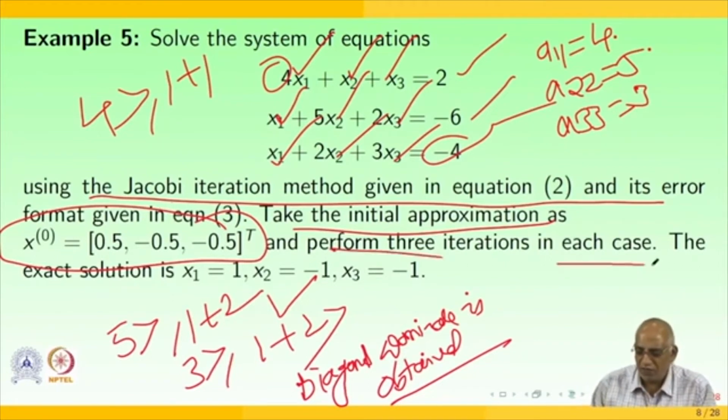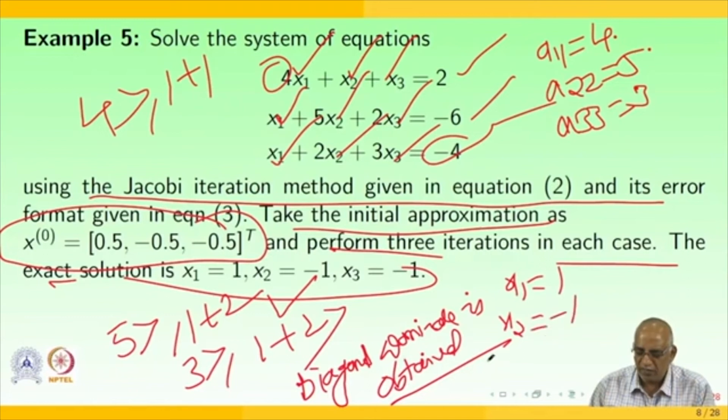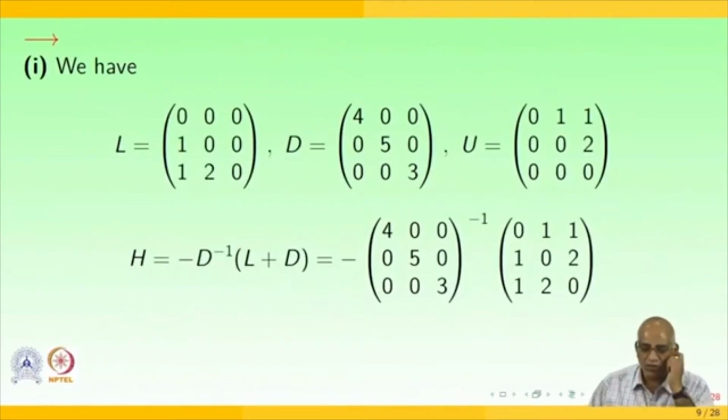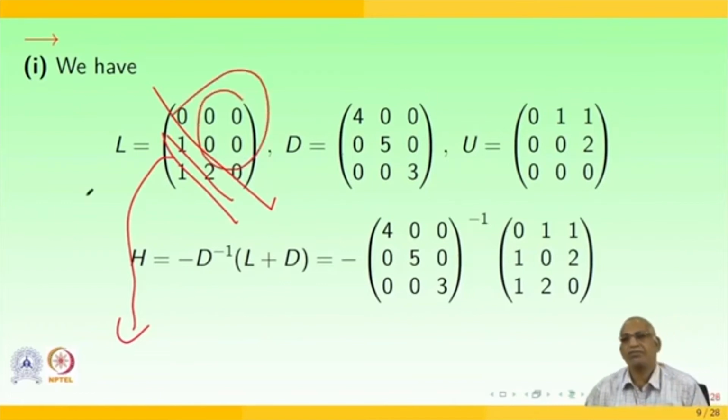And performing 3 iterations in this case, you will approach x1 is 1, x2 is minus 1, x3 is minus 1. So, in the course of time, when you perform the elementary operations, you get what we call a lower triangular matrix. You see here, this is the main diagonal, subdiagonal, subdiagonal. These are all zeros.